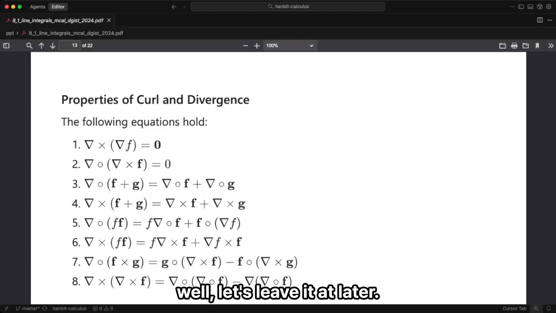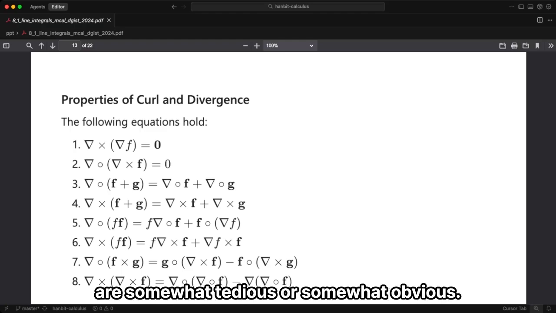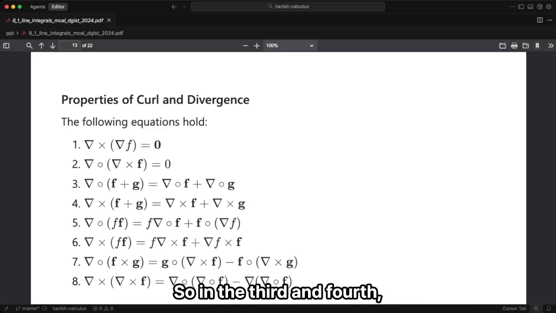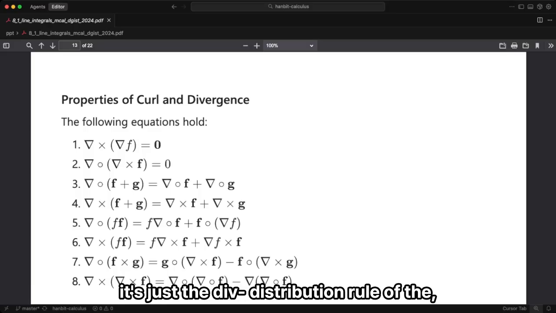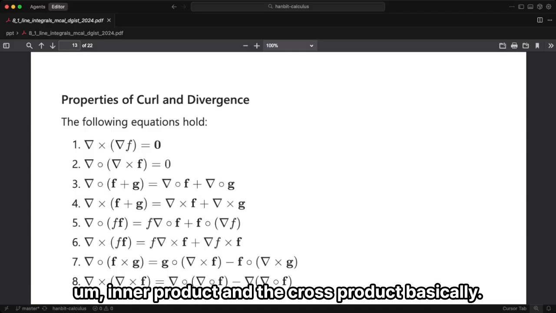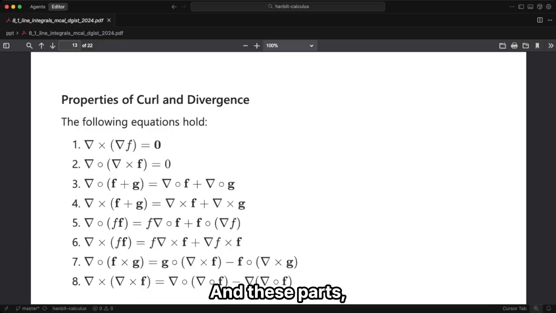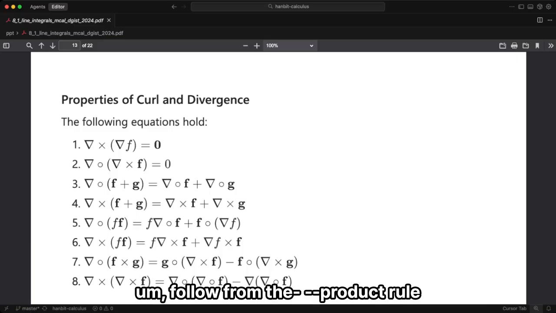let's leave it for later. All the other parts are somewhat tedious or somewhat obvious. In the third and fourth, it's just the distribution rule of the inner product and the cross product, basically. And these parts follow from the product rule of the derivative.